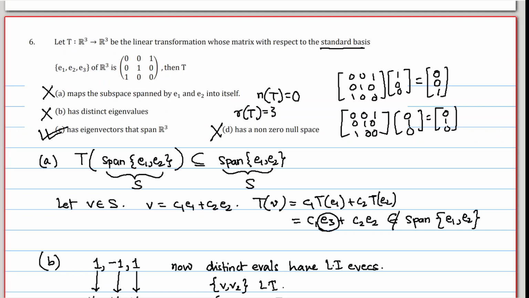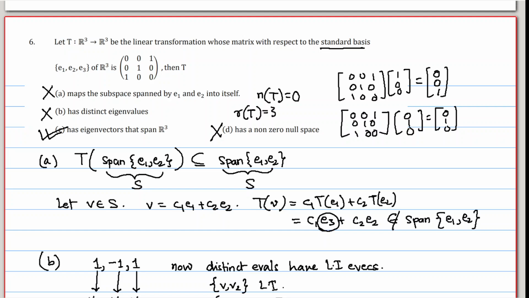Right. Basis. Let me think, bro. Are you sure this works? Because T will be an onto transformation. T will be onto.